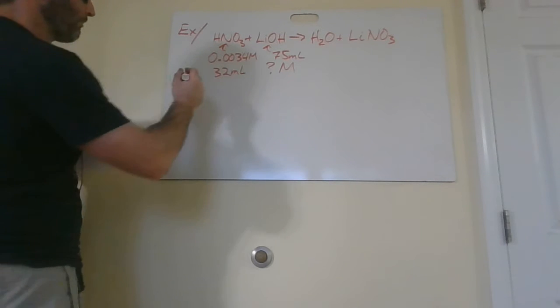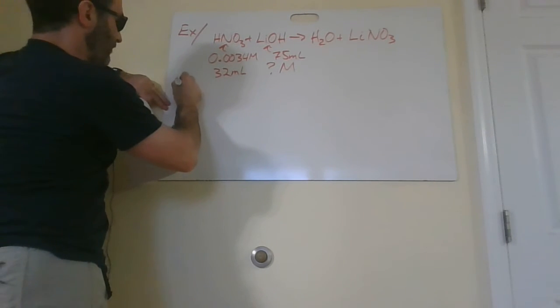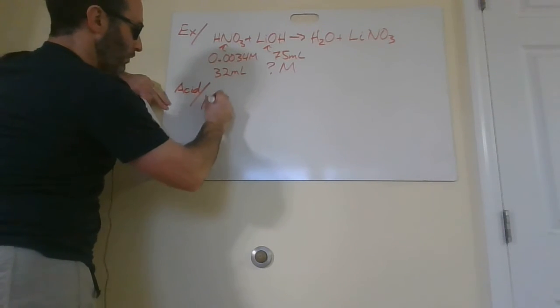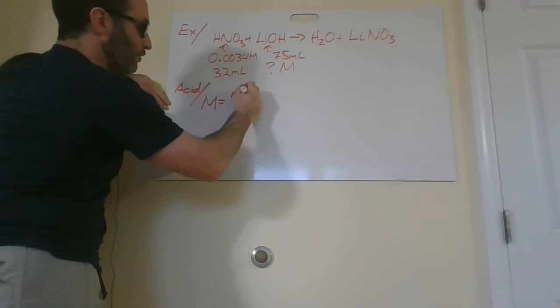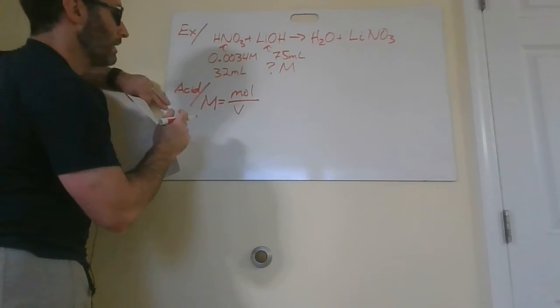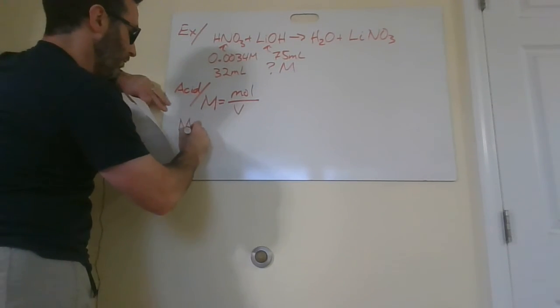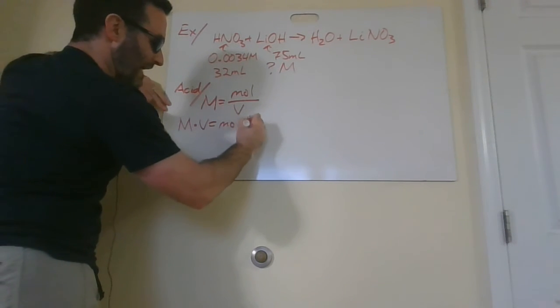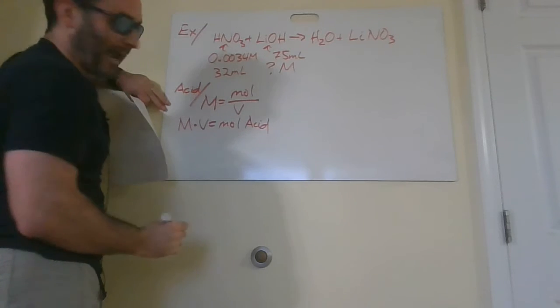Let's take your acid for a second. Well, molarity equals moles over volume. So I know if I do molarity times volume, I'm going to get moles of acid that I added.